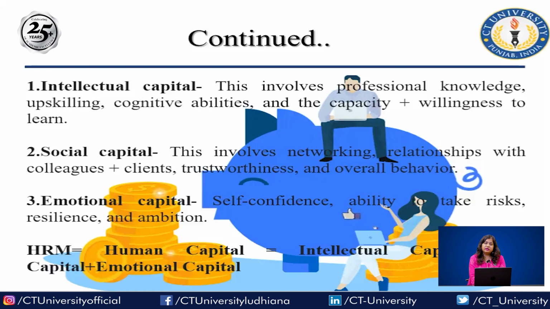In social capital, we are going to check their relationship with the organization and with the employees in the company so that we can see what kind of internships or targets the company can provide to other people as well. Then we have the emotional capital.